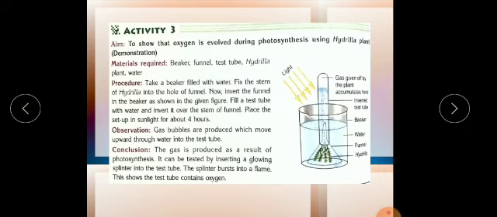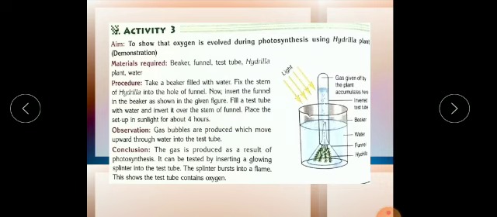So the procedure is the same, easy: we have to take a beaker filled with water and fix the stem of hydrilla into the hole of the funnel. As you can see, we have to place this hydrilla plant into the funnel. Okay, and then invert it, then fill a test tube with water and again invert it.